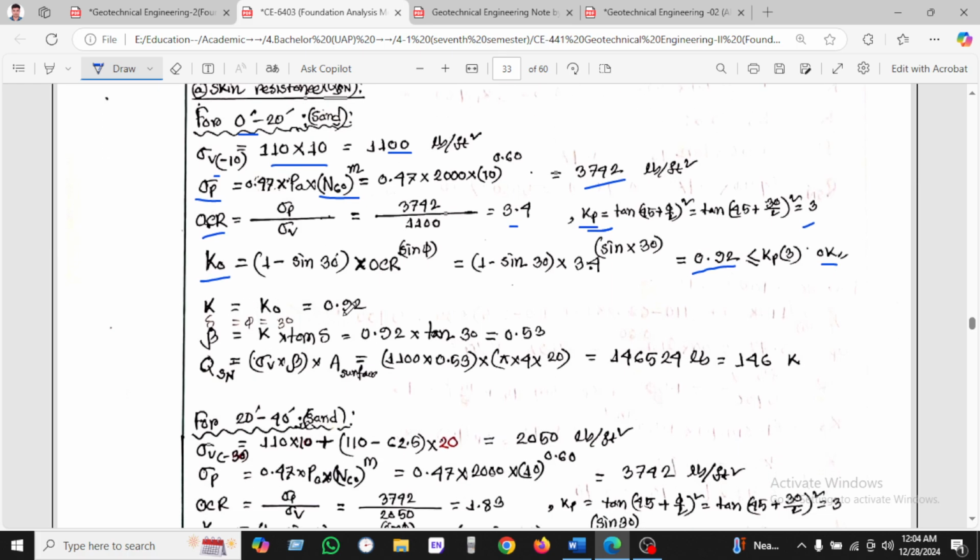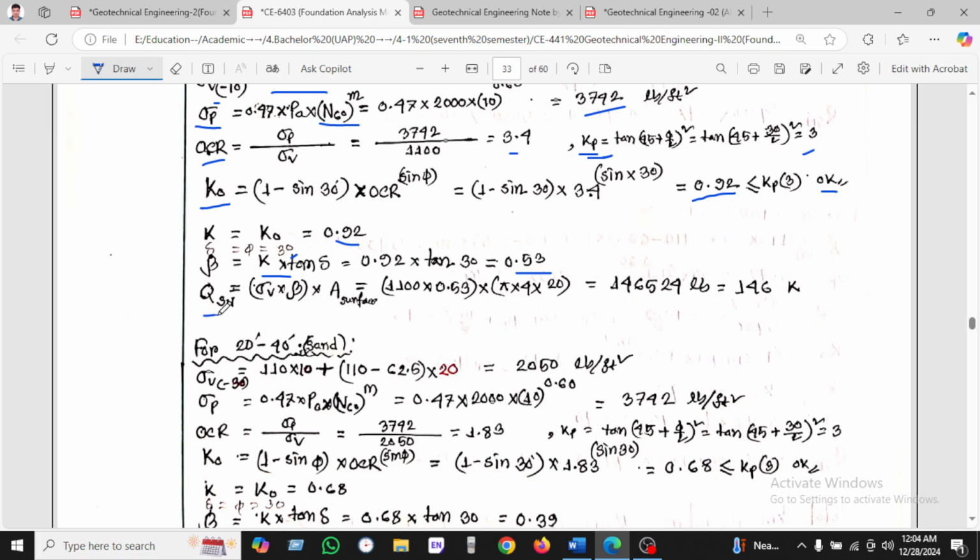So we'll use 0.92, and phi equal to 30, and beta is K minus phi equal to 0.53, and K naught equal to gamma vertical beta in S surface. Surface is nothing but the perimeter into height, and found 142.